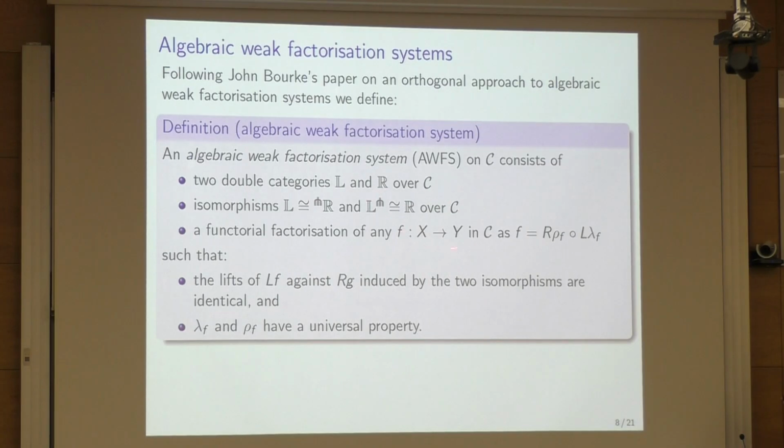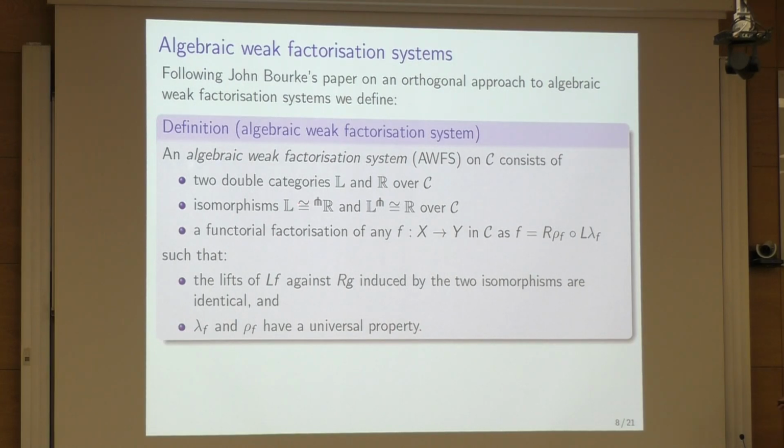So every map in the category C should factor as a map which is a vertical map in this double category R, and here this lambda of F is a vertical map in this double category L. So I basically can write it as an L map followed by an R map in that sense. This decomposition is supposed to be functorial and have a certain universal property.